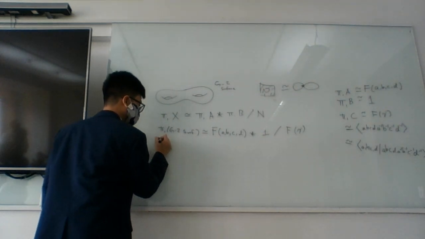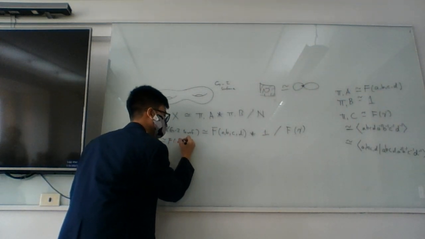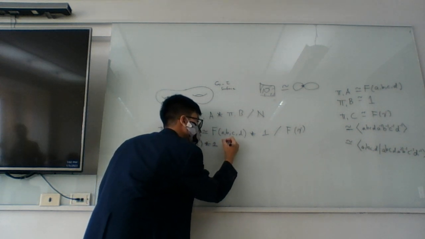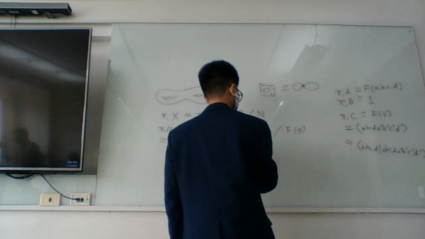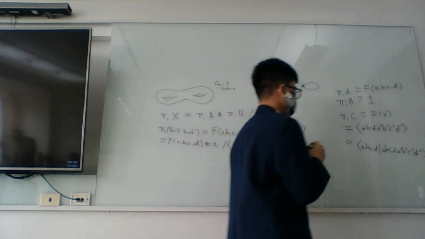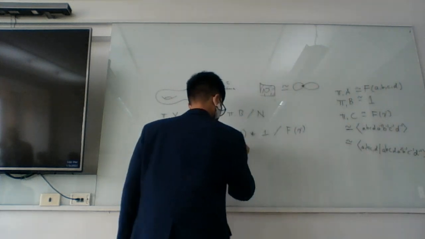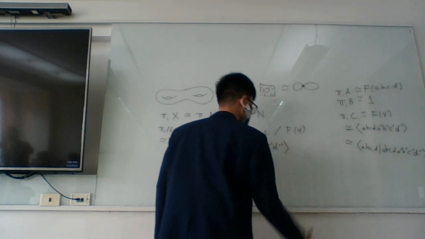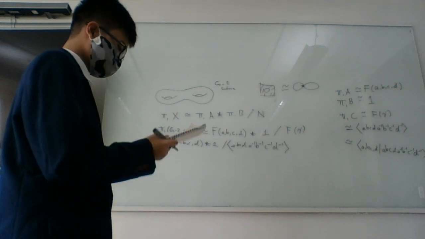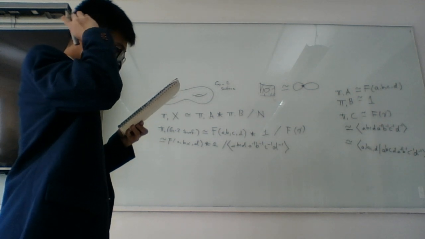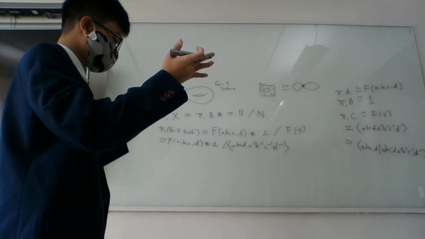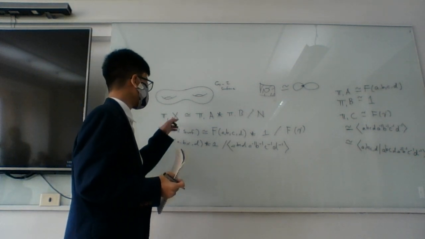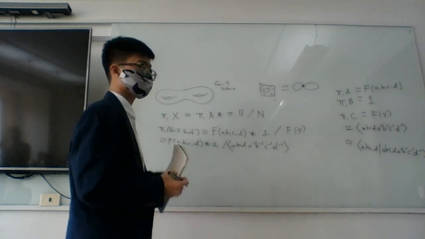That's just isomorphic to F of A, B, C, D, asterisk 1, mod the presentation of gamma. So this over here is the fundamental group of our original genus 2 surface.